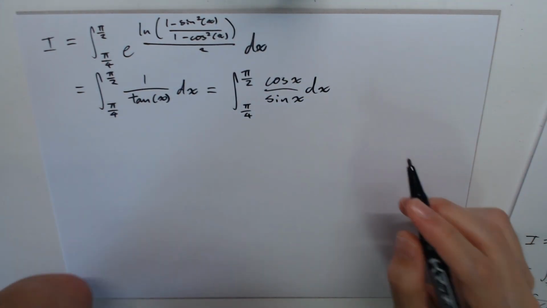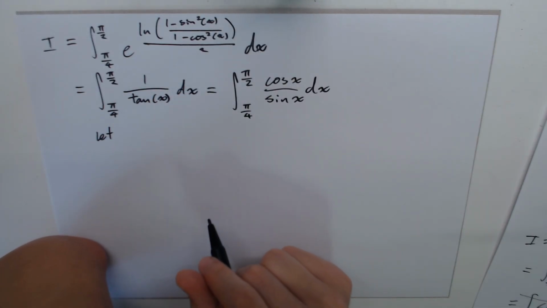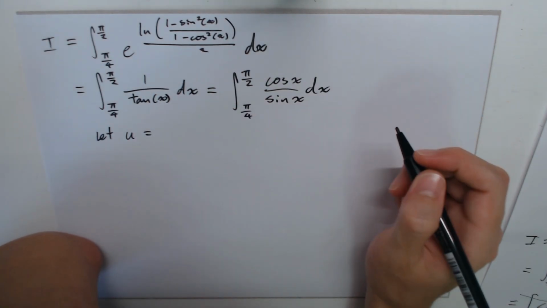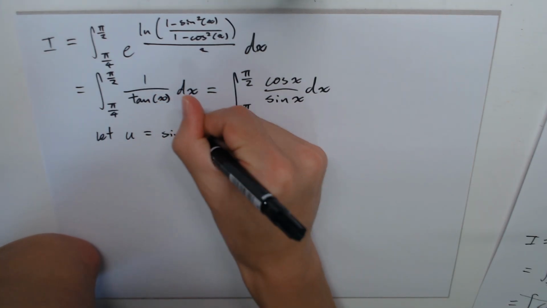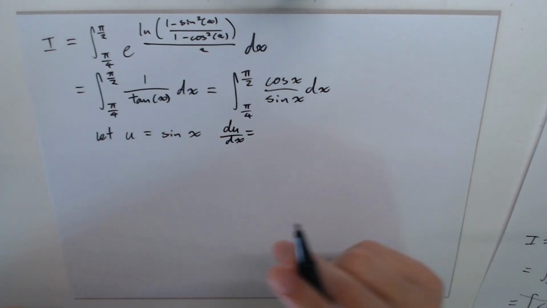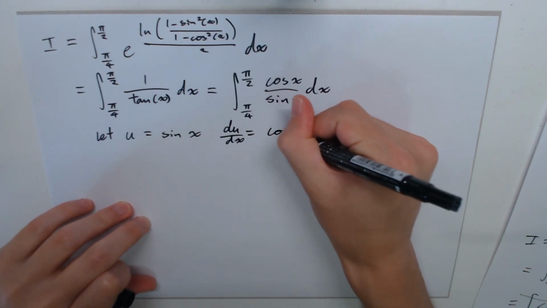Because then we can just use substitution, say let u equal sine x, and du would be then cosine x dx.